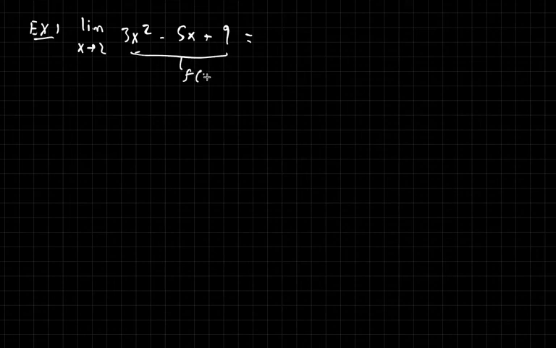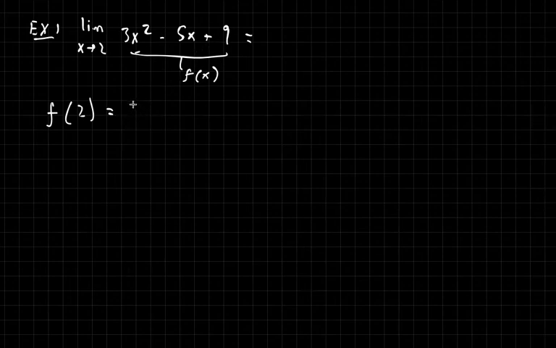We're going to assume that we can simply just plug in 2 into this f of x, and the number we get is the number right here. So you can see here that this is just algebra, right? We just plug in 2 into this equation right here.